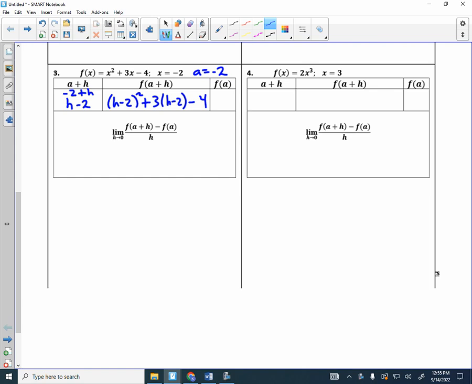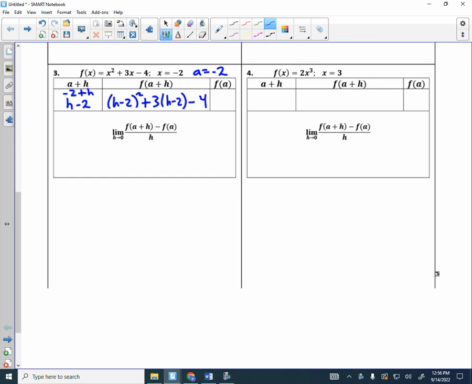Does everybody see where I got that? Do you see how I got this? I take this and I plug it in where I have an x. So h minus 2 squared plus 3 times h minus 2 minus 4.